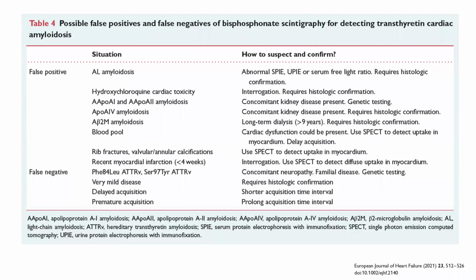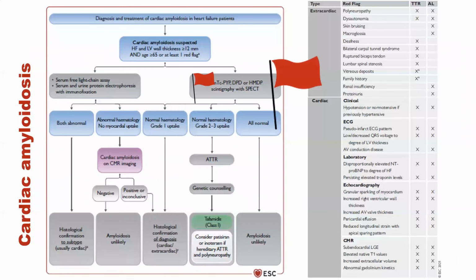Finally, you can have false positive and false negative bone scans that you need to keep in mind. And so you have different kinds of situations and ways to suspect and confirm false positive and false negative scans. So please keep in mind this slide, because it's very important for your clinical purposes and for the management of the patient in clinical routine.